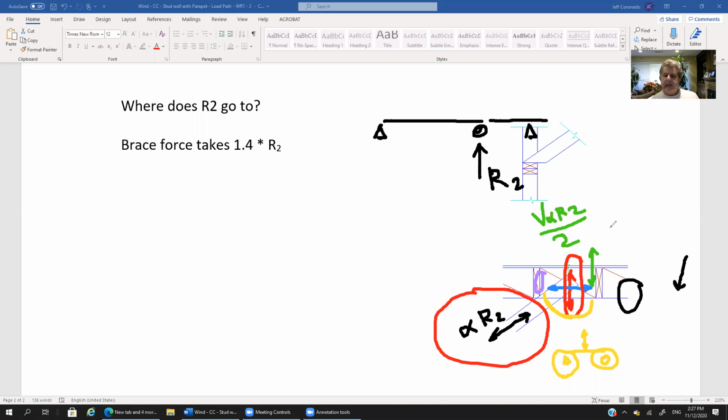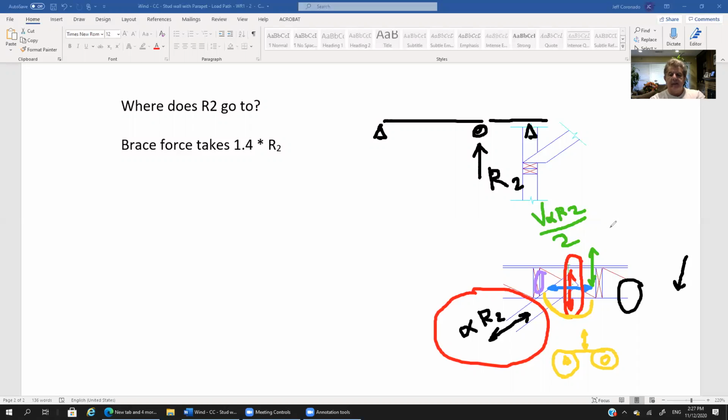There is a standard nailing that if we as engineers do not specify any type of connector between the block and the rafter, the contractor will provide whatever is prescribed in that nail schedule. But let's just say hypothetically it's one 16D nail, and the capacity of one 16D nail, let's say hypothetically, is 100 pounds.